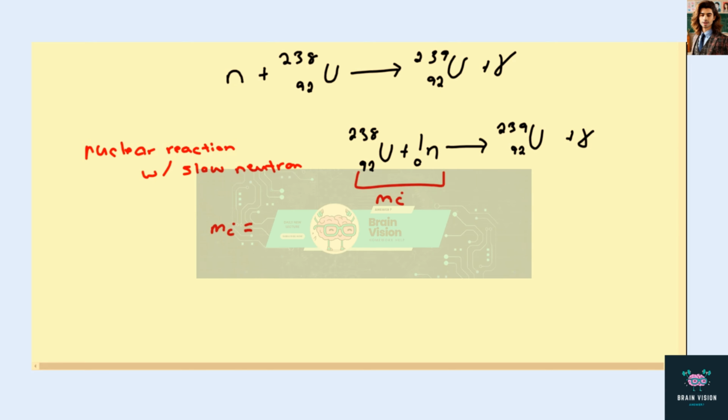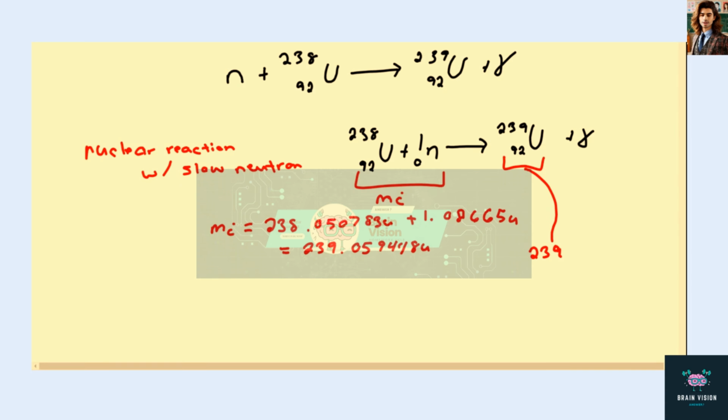And we can easily find that by just doing the neutron plus the mass of uranium here, which is going to be 238.05073 U plus 1.08665 U. And this is going to equal 239.0594448 U. And this atomic mass is given to us as 239.05428 U. And we don't need to worry about this.